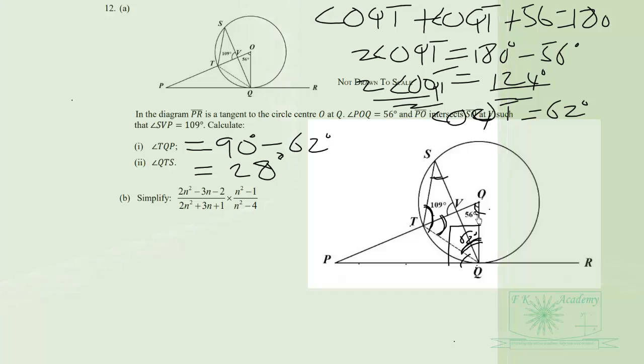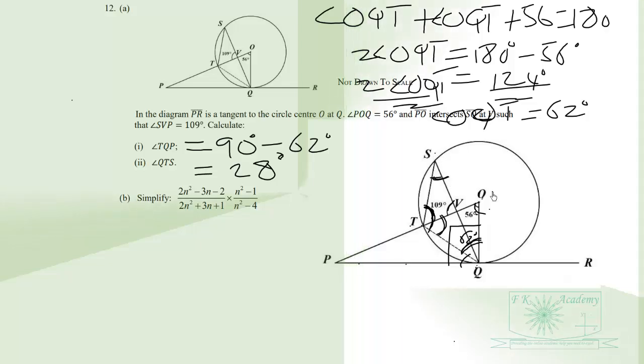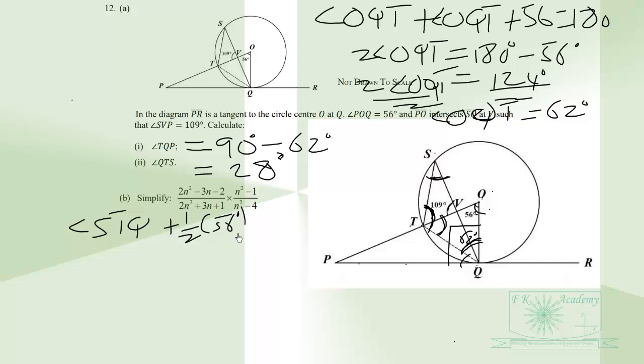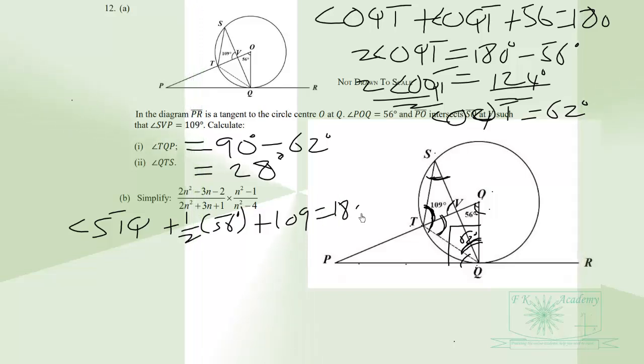So if that is the case, we know that this angle and this angle here and this 28 degrees should give us 180 degrees. So let's say angle STQ, adding it to the 28 degrees here, which is half of 56. So half of 56 degrees, then plus the 109 degrees should be equal to 180 degrees.